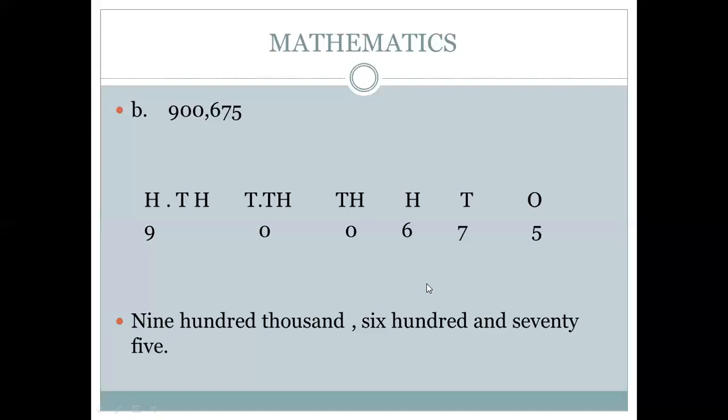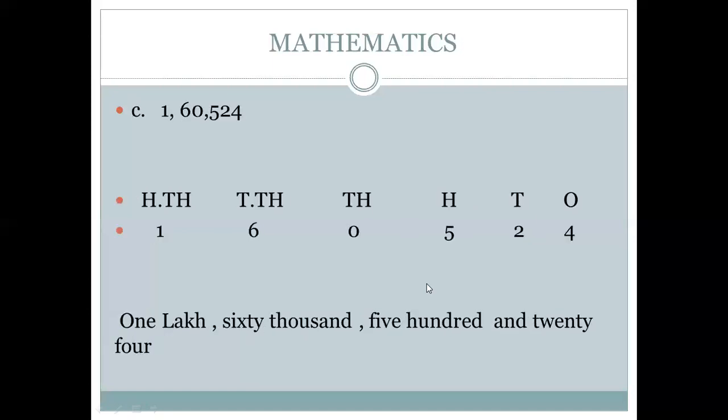Yes, come to the third one, C part. 160,524. Again, we make the table. Ones, tens, hundreds, 1,000, 10,000, 100,000. Under ones, we write 4.